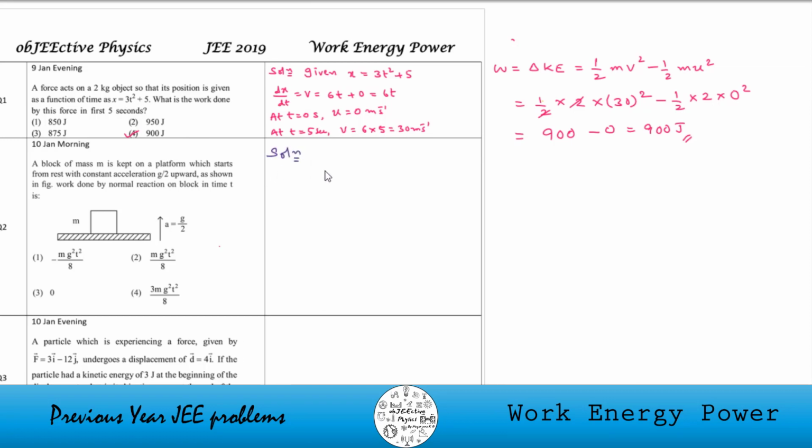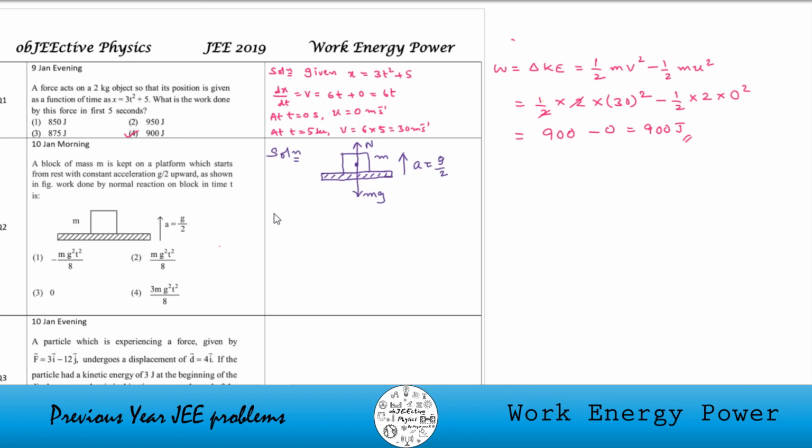If this case is assumed as an elevator, so the elevator is moving vertically upwards. For example, let us assume here a body of mass m, the weight of the body is acting vertically downwards and the normal reaction is acting vertically upwards. Still, the platform or the body is moving vertically upwards with an acceleration a equal to g by 2.